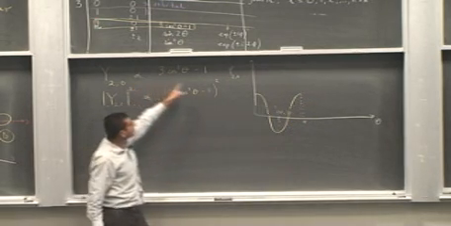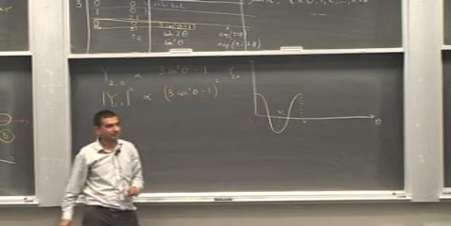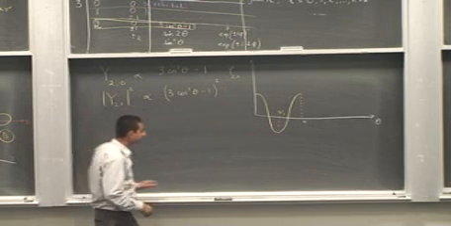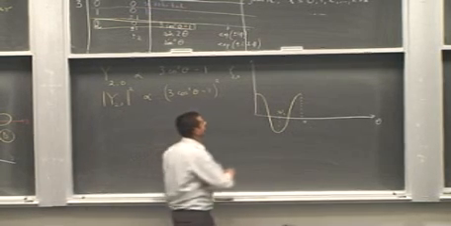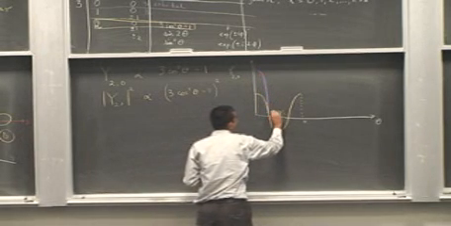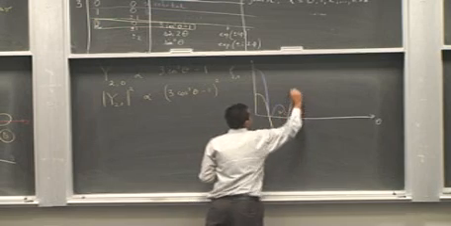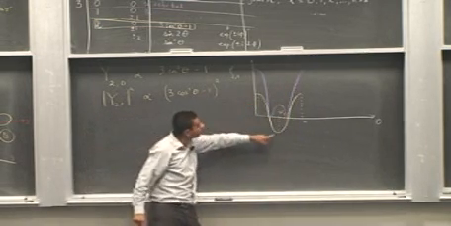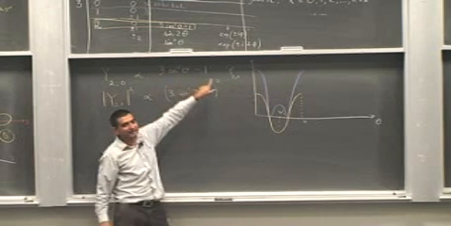So this is a plot of 3 cosine square theta - 1, and if I take the square of this, what do I get? I get this. This function, the yellow function, is 3 cosine square theta - 1.